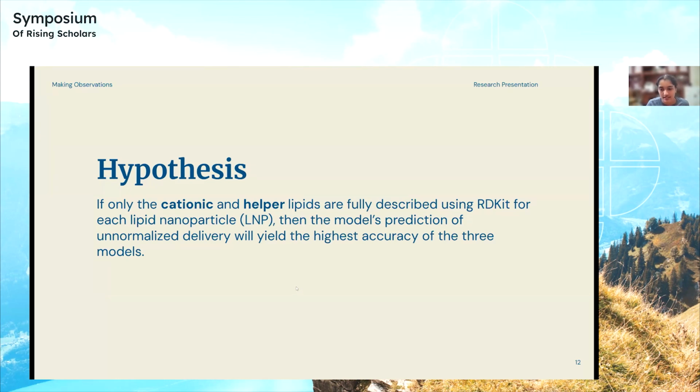And this is because since the PEG lipid is the same for all of the LNPs and the cholesterol had the same molar ratio in the data set, describing them with RDKit would add just extra noise. So since the cationic and the helper lipids had the most variation in the data, I hypothesized that if those were described the most in the model, then it will yield the highest accuracy.